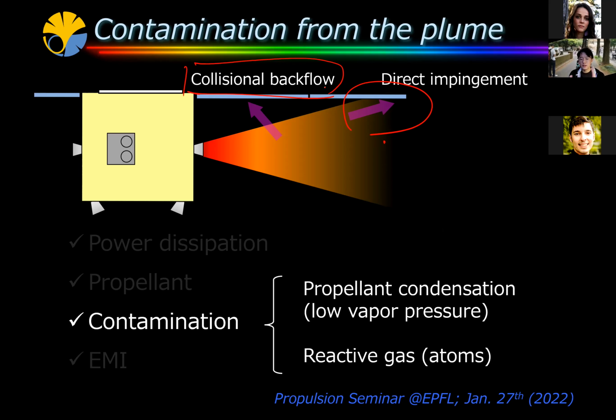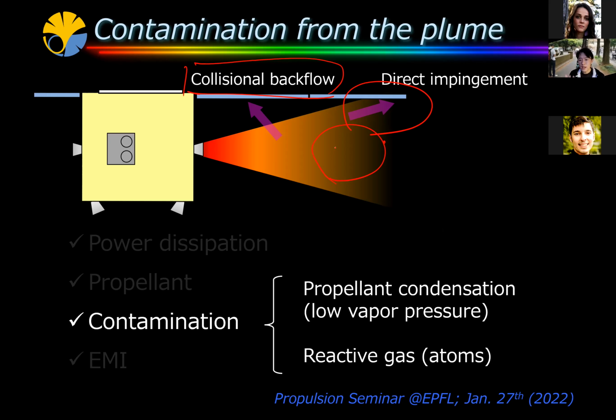Any propulsion system's plume has collisions inside it, especially in chemical propulsion, where the density is high. There is a collision inside, and that collision generates backflow. That amount of backflow is not as much as the main plume.